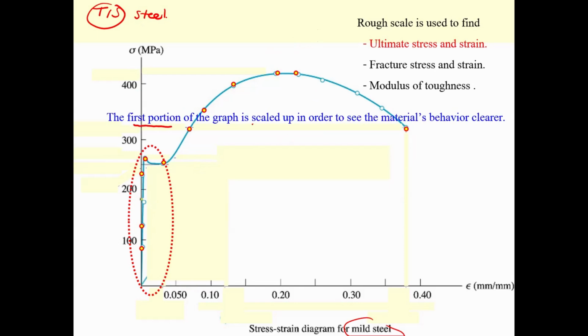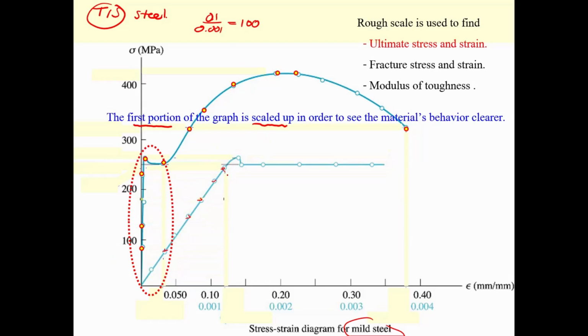Then you have to scale that portion of the graph to make it clearer by putting the ratio of 0.1 to 0.001. That means you zoom it 100 times. Then the first linear portion of this diagram is going to be very clear.